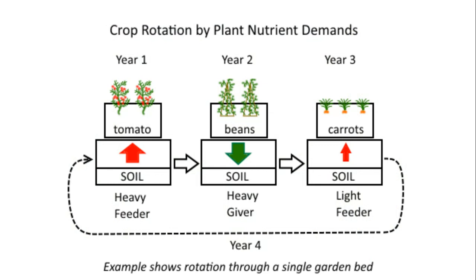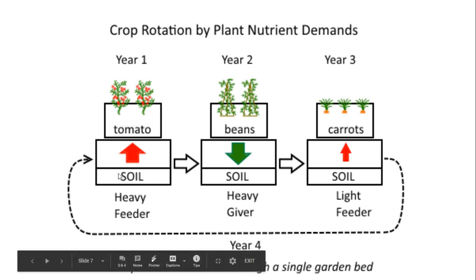The simplest and oldest type of crop rotation, which is what I learned when I first learned about crop rotation, breaks crops up into three groups. You have your heavy feeders, your heavy givers, and your light feeders, and you rotate those through.